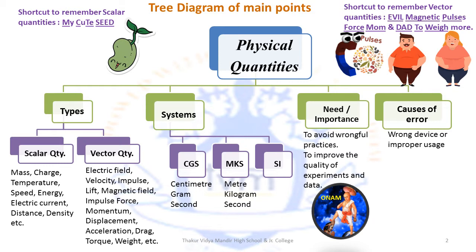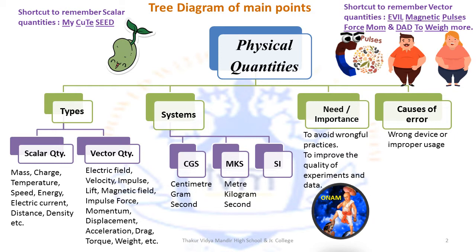M for mass, C for charge, TE for temperature, S for speed, E for energy, E for electric current, D for distance, density, etc. You can just remember the "my cute seed" shortcut for standard 7th scalar quantities.